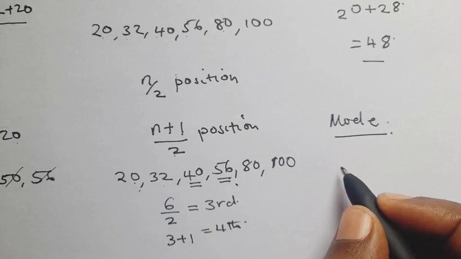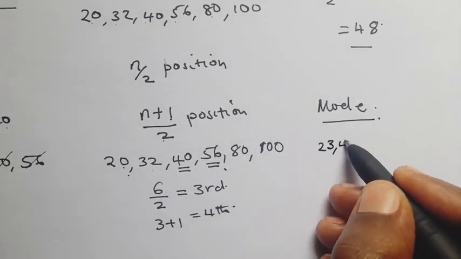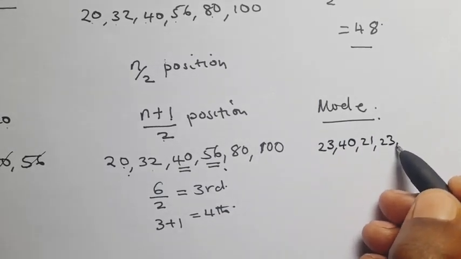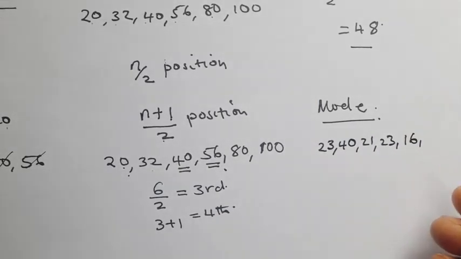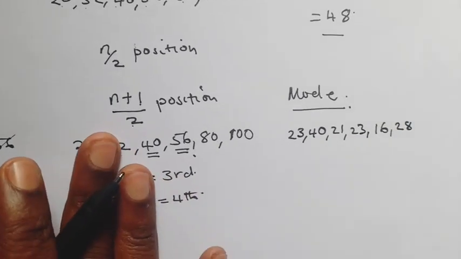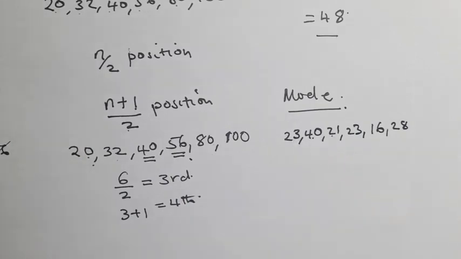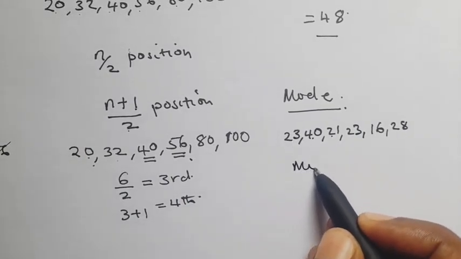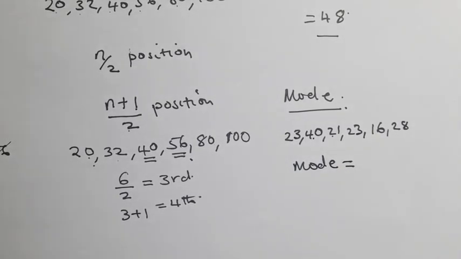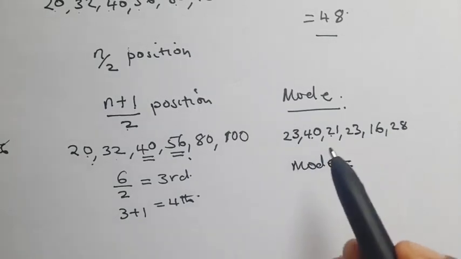Let's say we have the following set of numbers: 23, 40, 21, 23, 16, 28. How many numbers are these? This is 1, 2, 3, 4, 5, 6. So mode here, the number that appears most times, is 23.